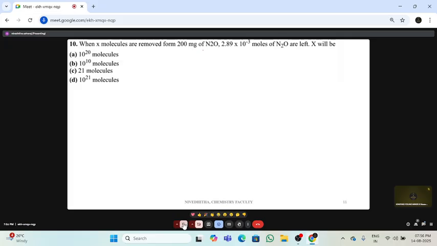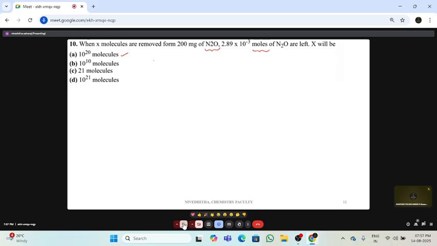The initial quantity of nitrous oxide was in gram, and the final quantity was in moles, and they're asking us the quantity in molecules, right? So please convert all the parameters to molecules, then subtract and let me know the value.